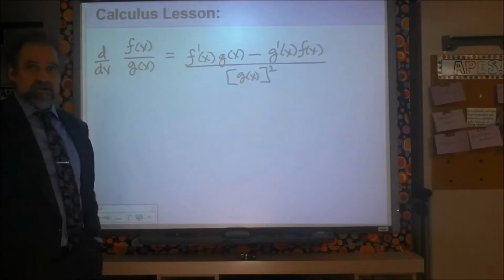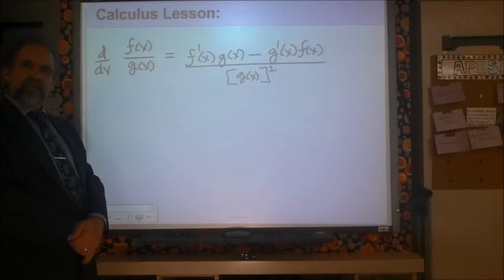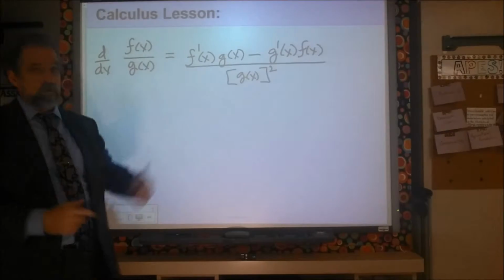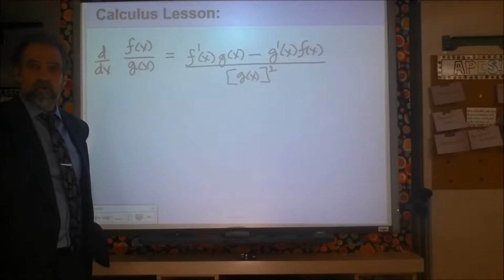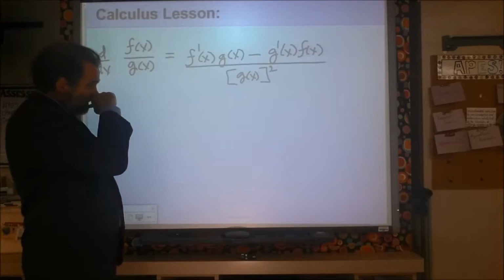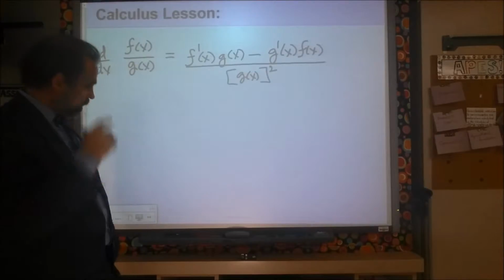So whatever that function is, I'm going to square it. All right, so it's very similar to the product rule, but slightly different, as we have a quotient answer for the quotient rule.